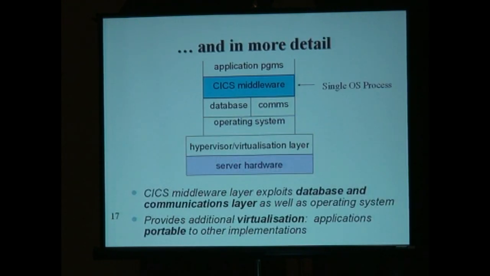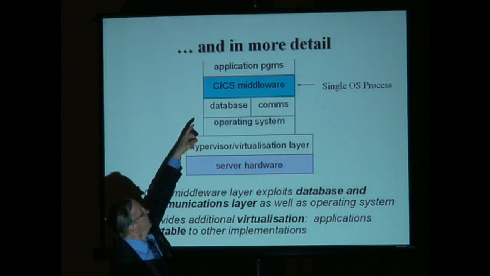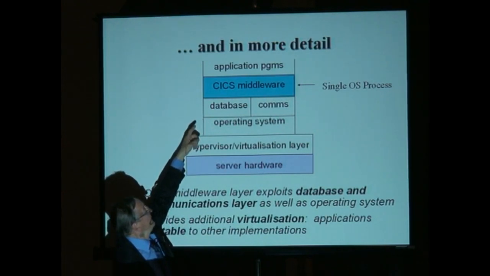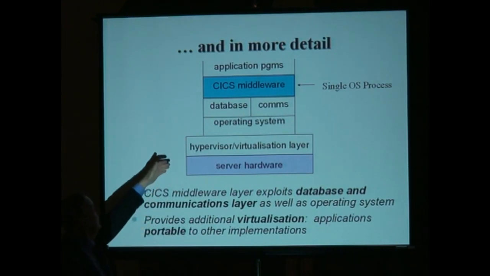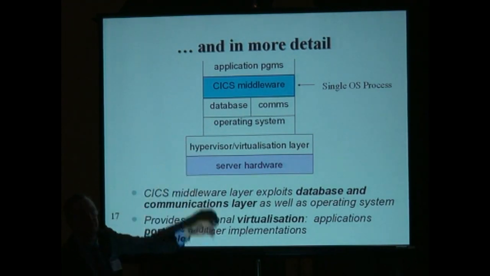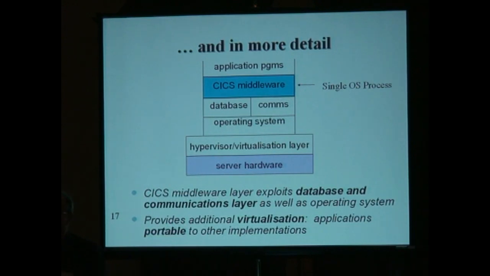And if you actually look at that in more detail, these days, in a modern data center, you have this middleware layer here, which actually also hides the database and the communication. But you might also have this down here, the so-called virtualization layer, which enables you to be running multiple systems on a single piece of hardware. Is everyone familiar with virtualization?